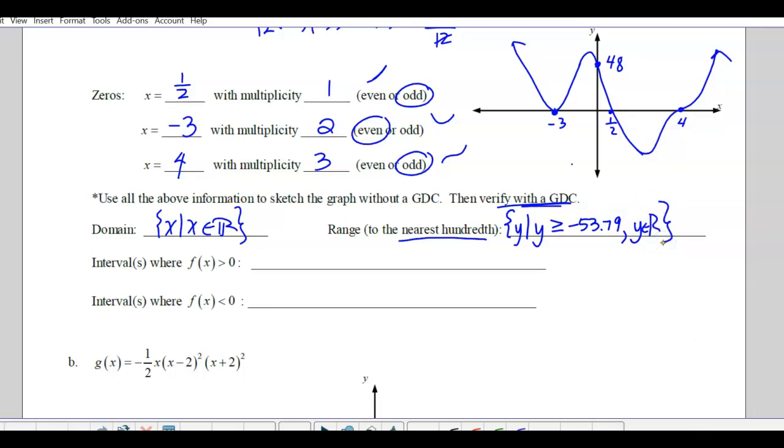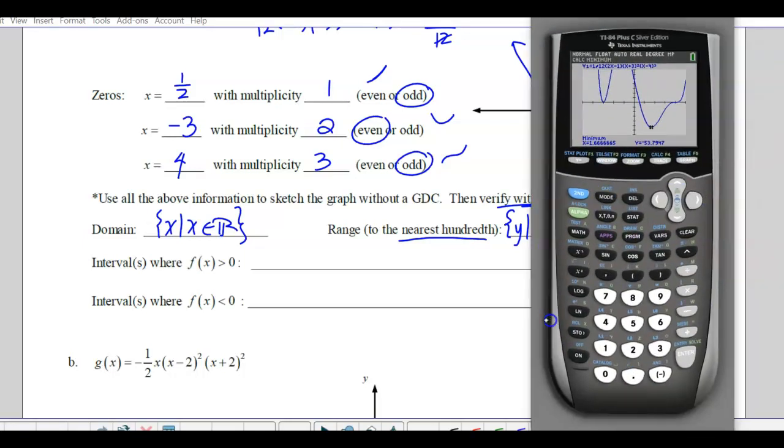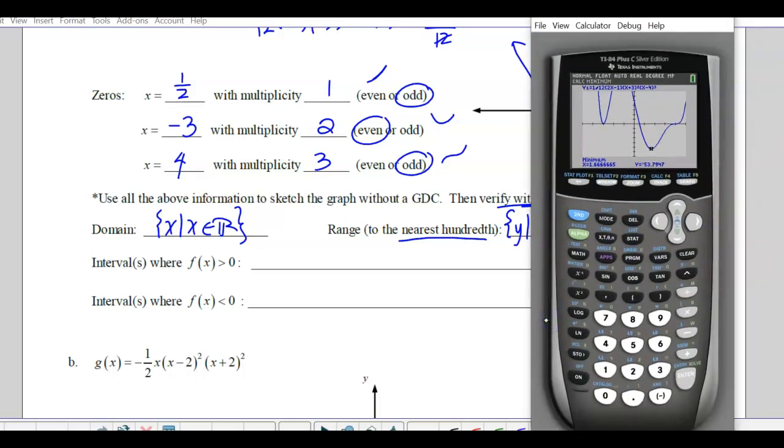Okay. Now, going back to the last unit, in a way, except with a polynomial, intervals where f of x is greater than 0. So where is it greater than 0? So no equal signs there. You can look at your graphing calculator or your sketch. Where is it greater than 0? So it's everything above the x-axis.